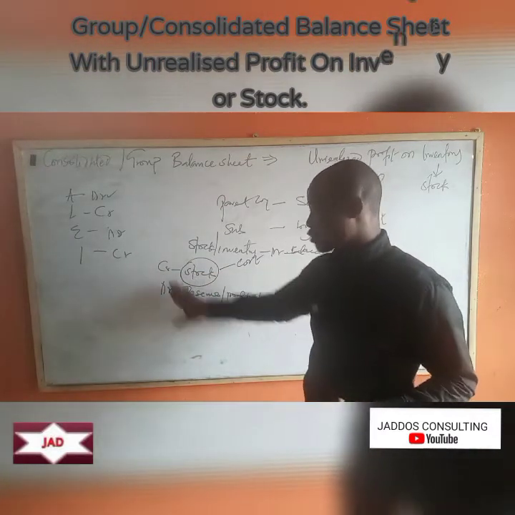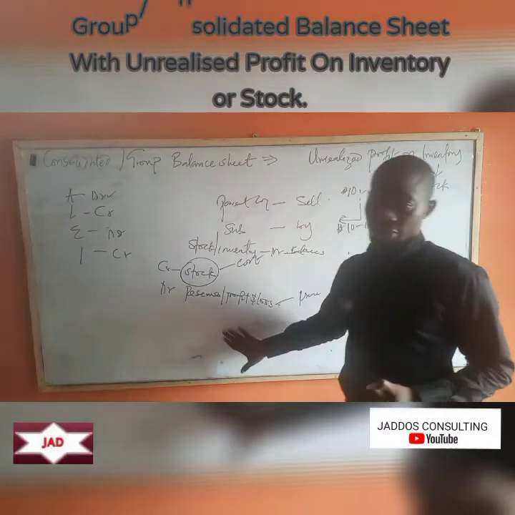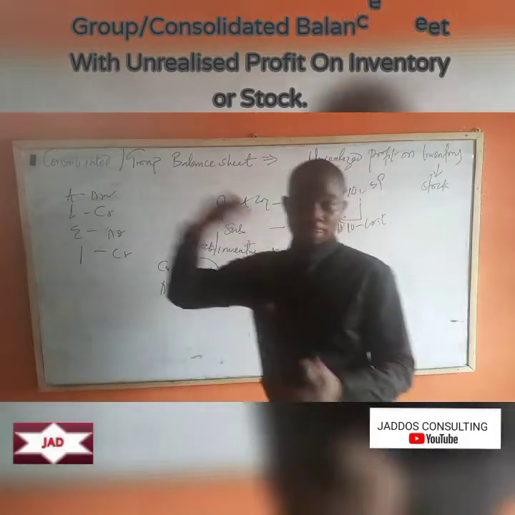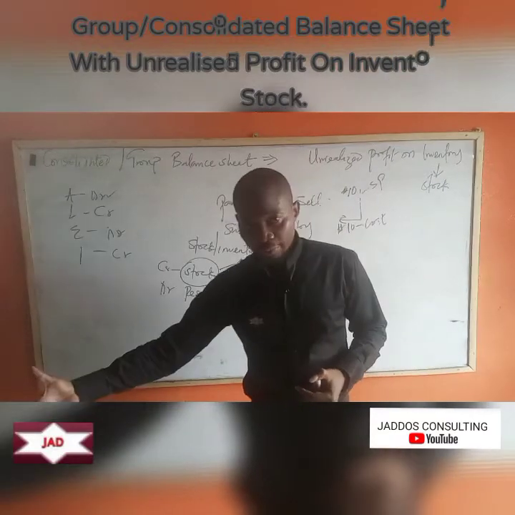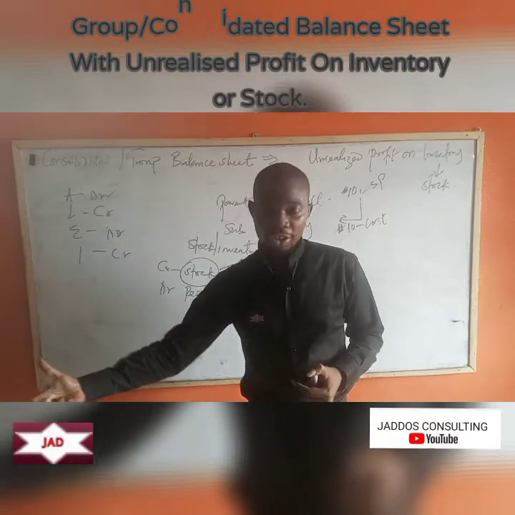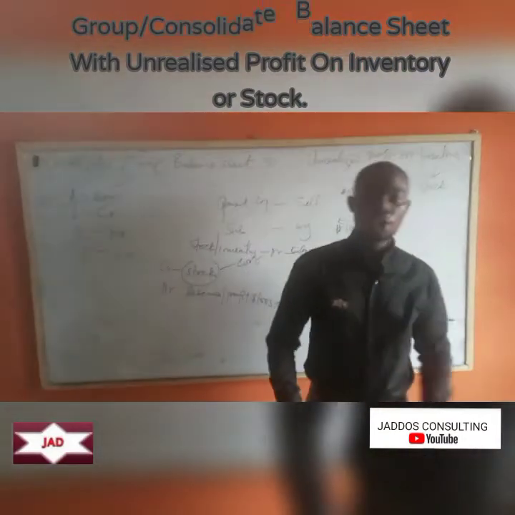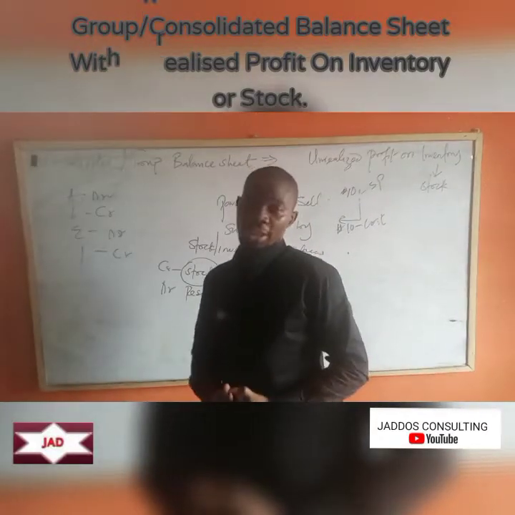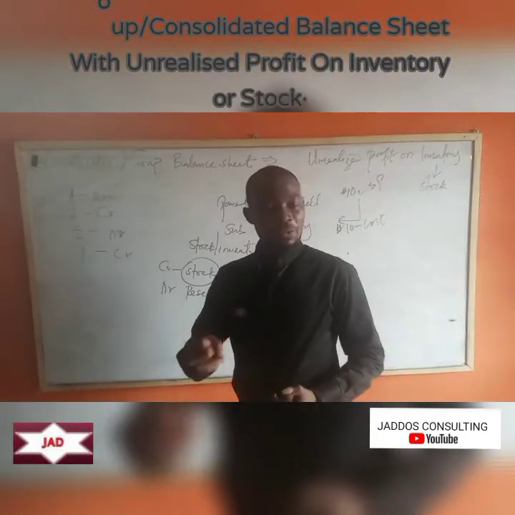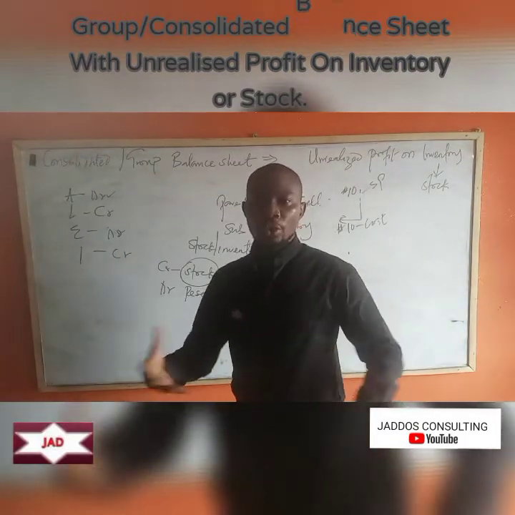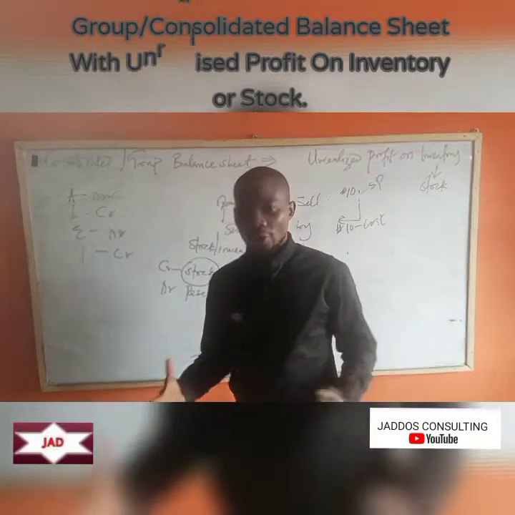It's the same entry: credit stock, debit reserve. So if it is from the perspective of the subsidiary, you adjust for it before you consolidate. If from the perspective of the holding company, you adjust for it before you consolidate.